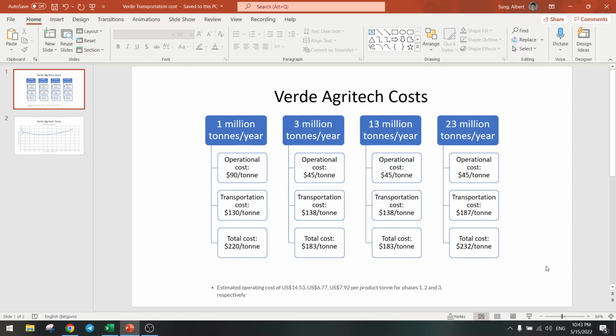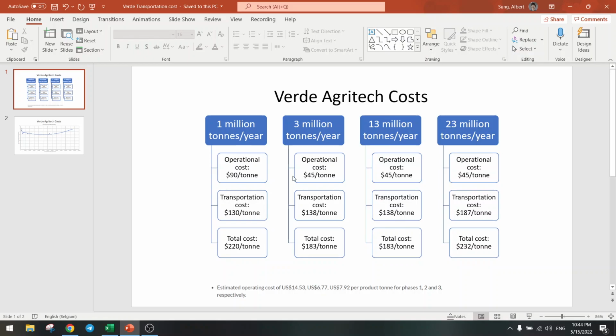So what can we see from this? You can see that the transportation cost is about the same up until 13 million tons. So that's a very good sign. So that the transportation cost is not going to rise for at least 2025.